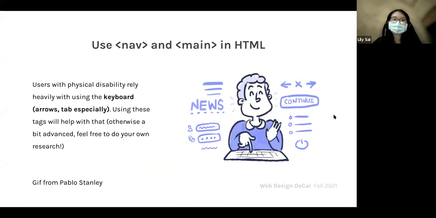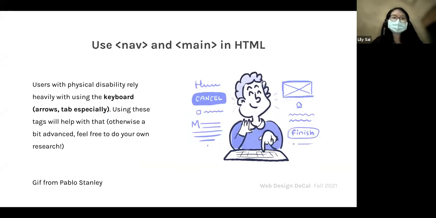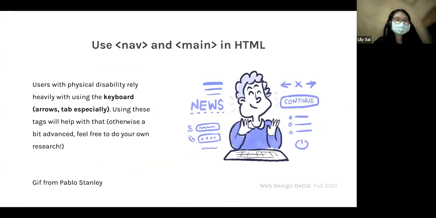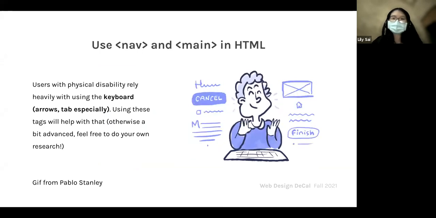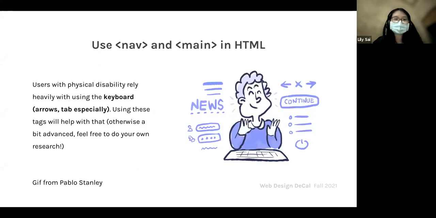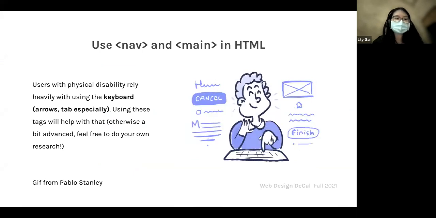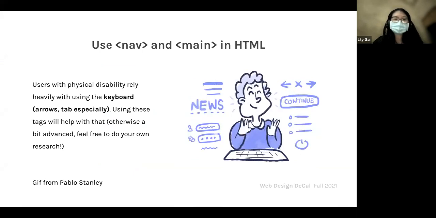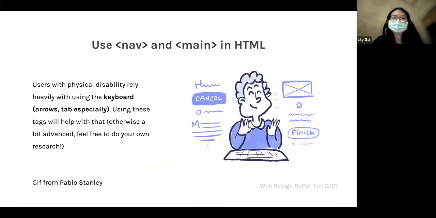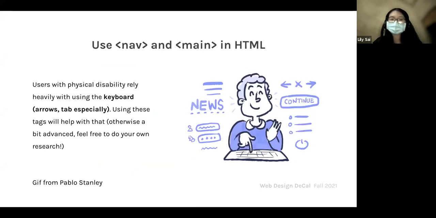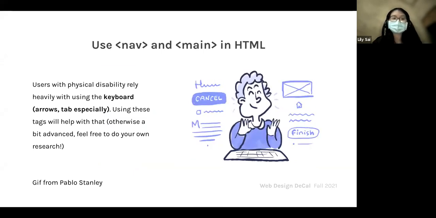Also with HTML, it's important that you use nav and main, as these help people who use the keyboard to navigate, to really understand where different parts of the page are, so that they can go from the navigation bar and jump directly to the main content, rather than having to press arrow or tab to reach each different part of the page.